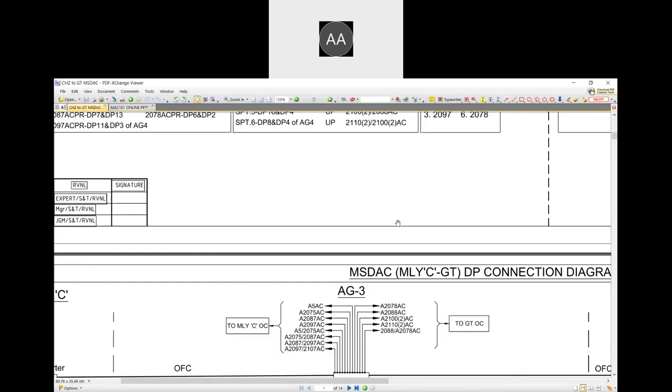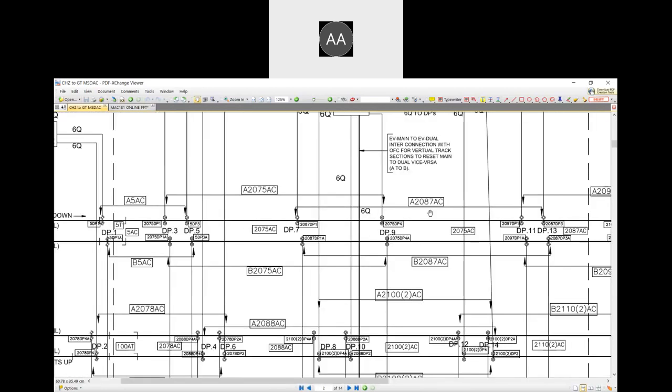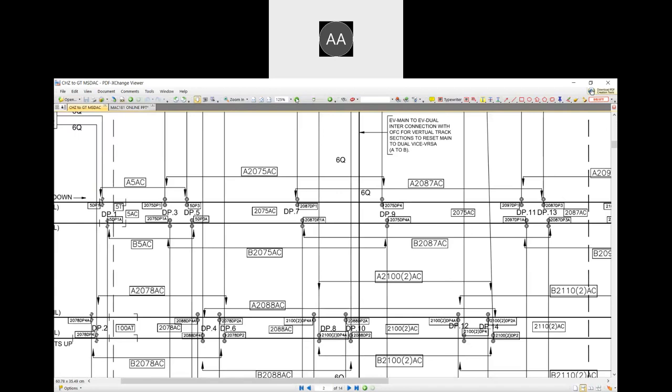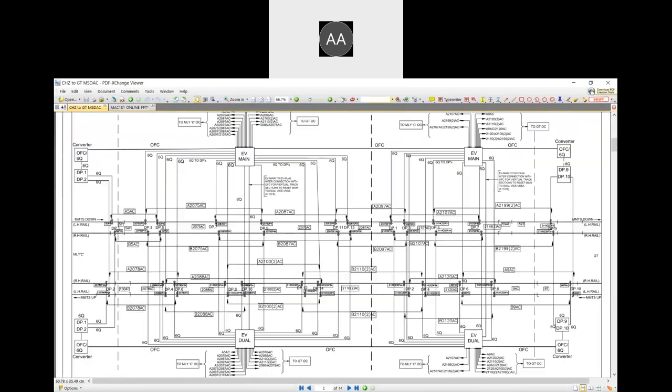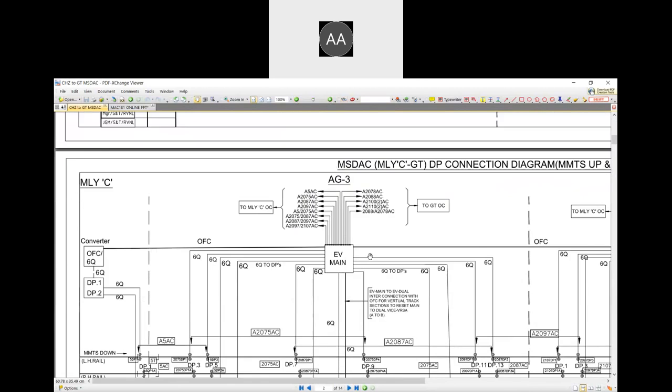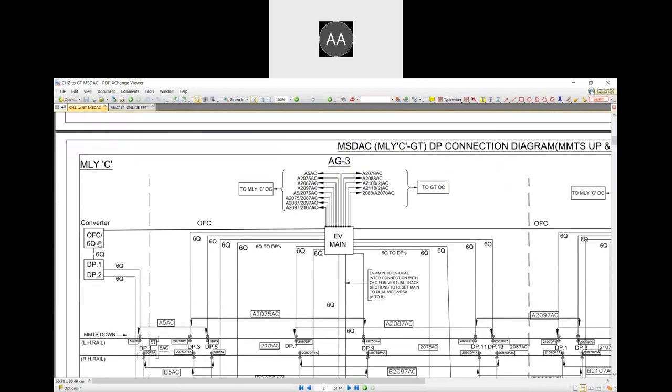And this is the cable coverage plan, how we have laid cable from DPs to the evaluator, and how we transferred station DPs information to the evaluator, which is placed in the auto Gumti.